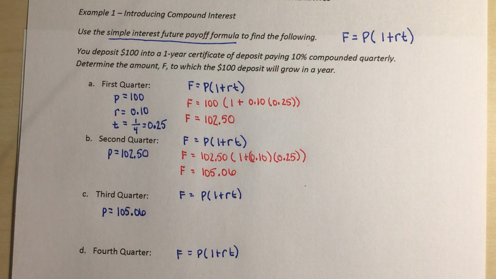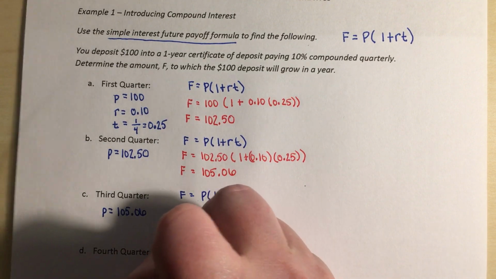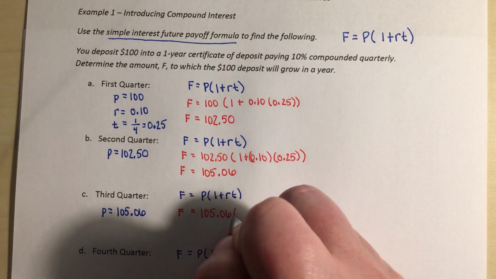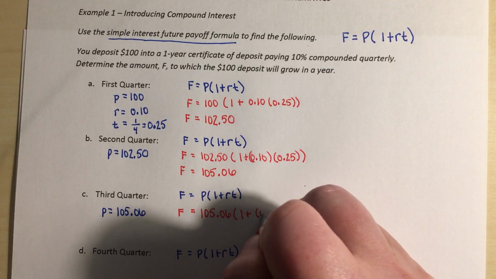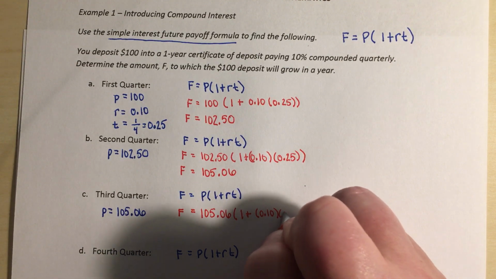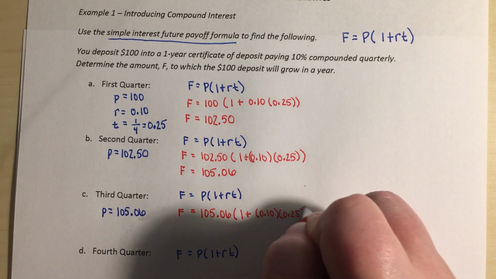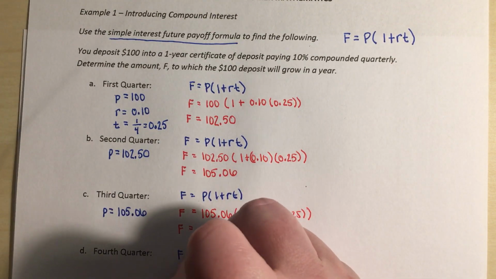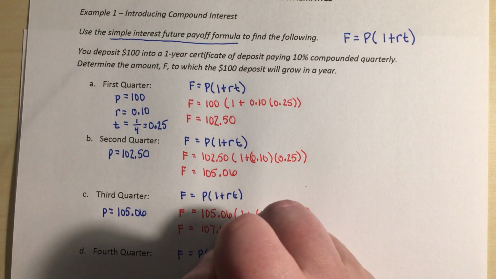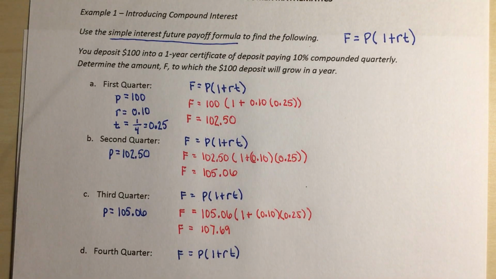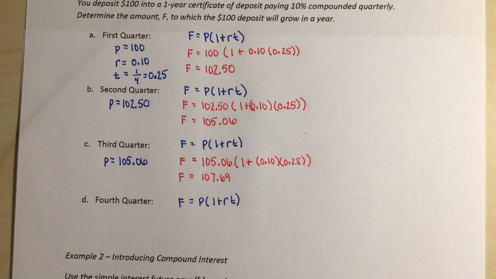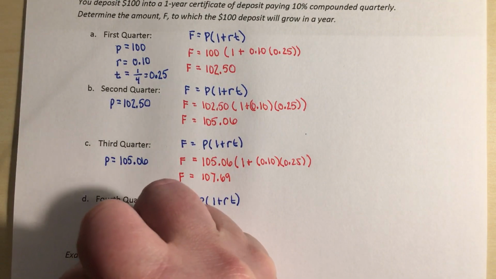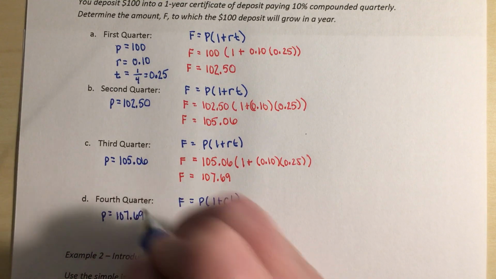105.06. So again, into our formula we go. 105.06 times 1 plus 0.10 times 0.25. This is going to give us 107.69. That's going to be our P going into our fourth quarter. 107.69.